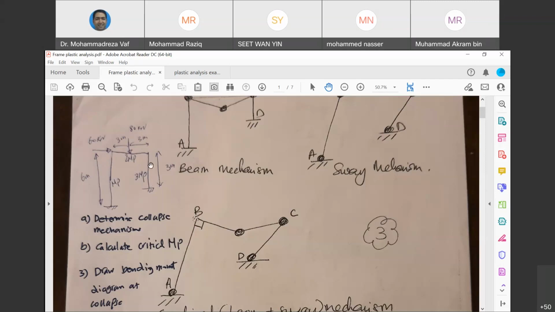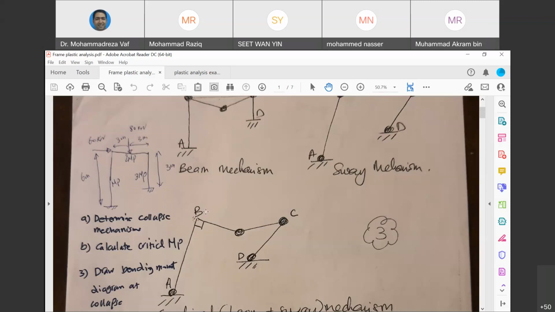That means the right column can absorb much more bending moment because it is stiffer. Since it also has a larger size and is a shorter column, this part is going to be stiffer than this column. When the column is stiffer, it absorbs much more bending moment under lateral load. Therefore, the plastic hinge is going to occur at point C, the right side, not the left column. But if you're not sure, as I said, you may examine both cases, left and right, and see what's happening.